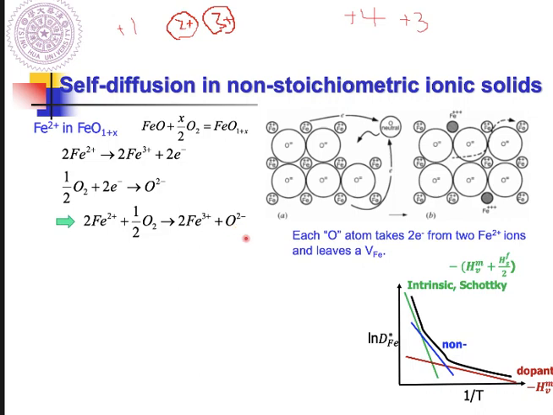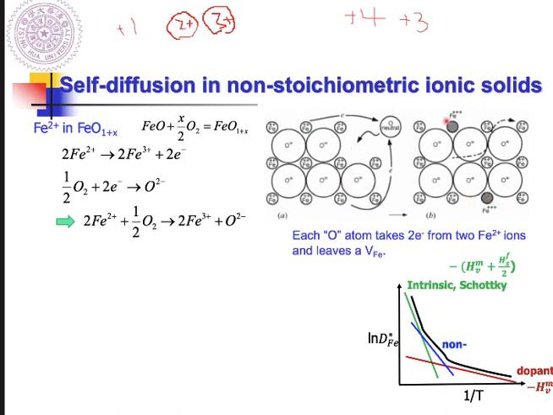If you want to know what really happens in this ionic material, you can check figures A and B. This is the iron oxide before the non-stoichiometry effect happened, and this is the oxygen atom which decomposed from oxygen O2. When this neutral oxygen occupies this location, it is going to take two electrons from this iron and also this iron.